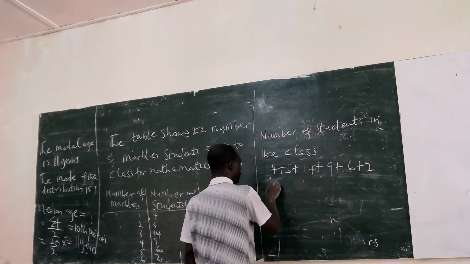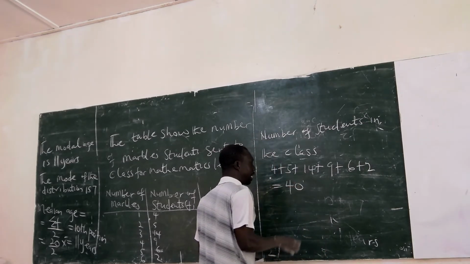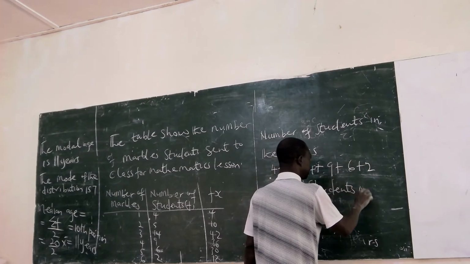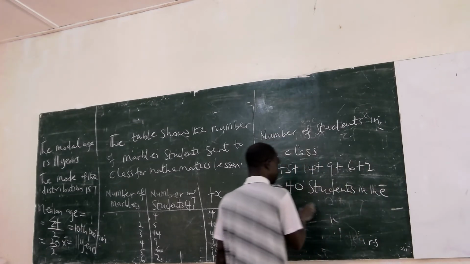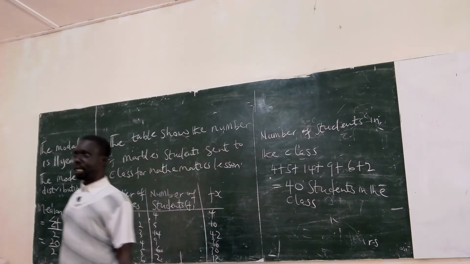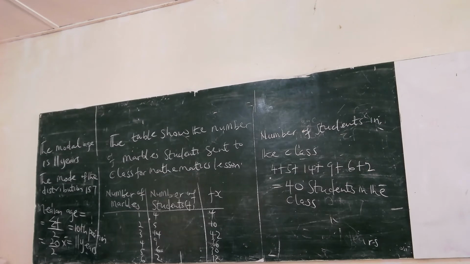If you sum this up, there are 40 students in the class. The examiner wants you to show working, okay?